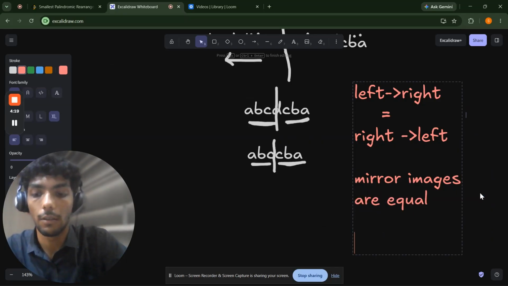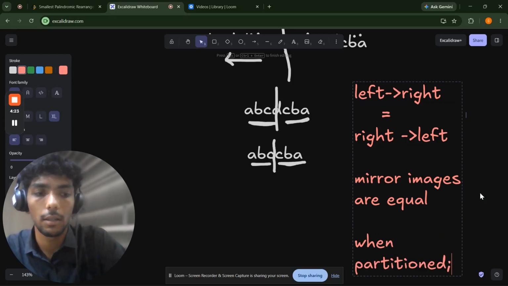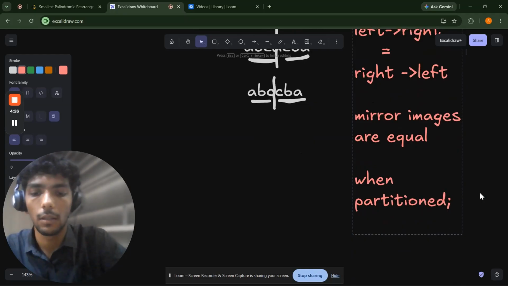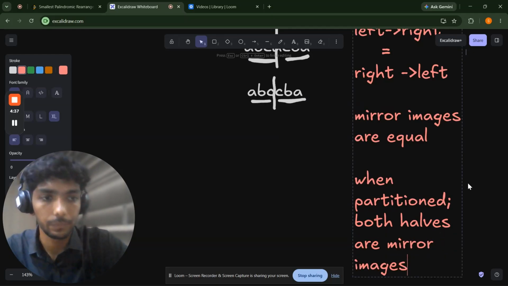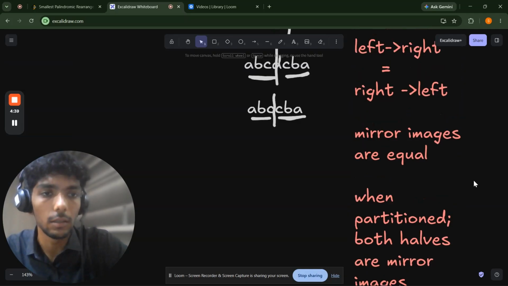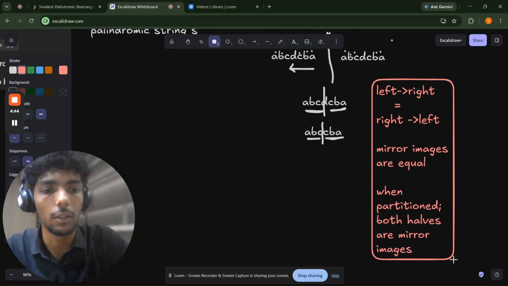And third: when partitioned, both halves are mirror images. Okay, these are the three conclusions that we have found for a particular palindrome.